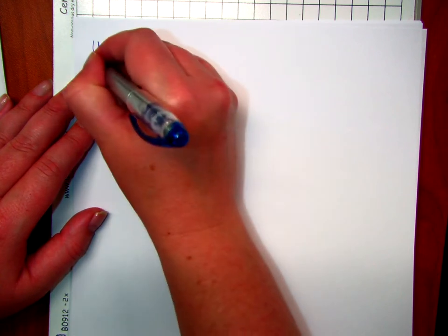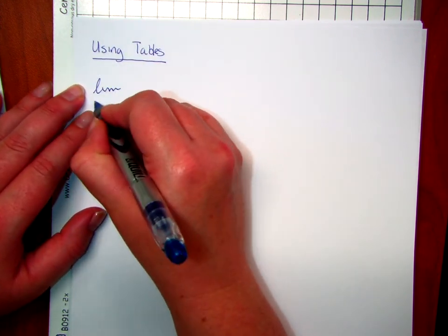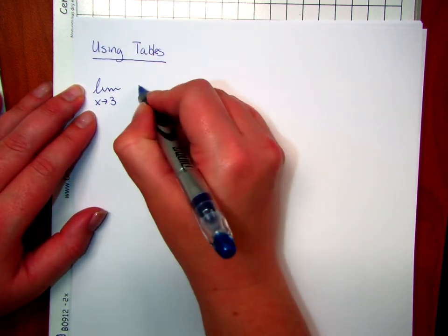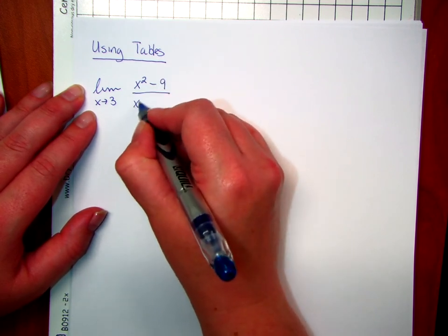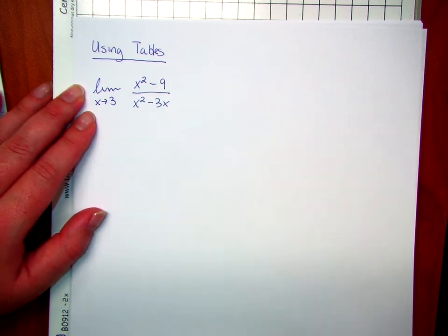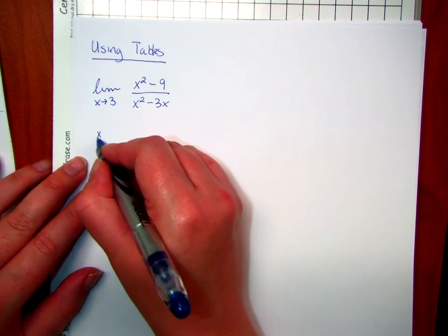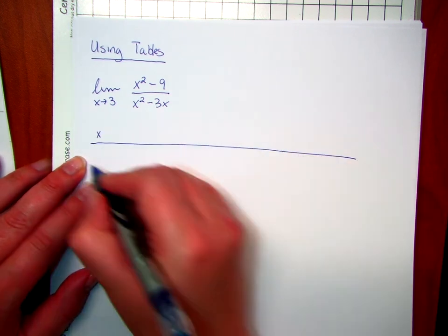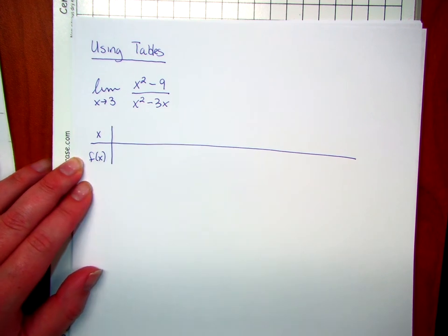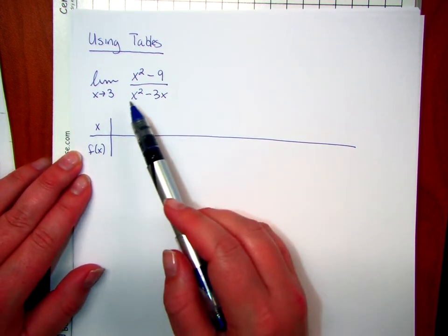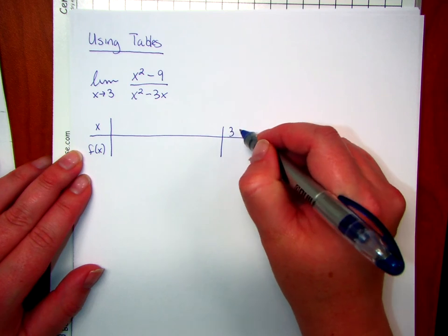All right, so let's look at the limit as x approaches 3 of this function. So I'm going to build this horizontal table here. We're evaluating the limit as x approaches 3, so I'm going to put 3 here in the middle.